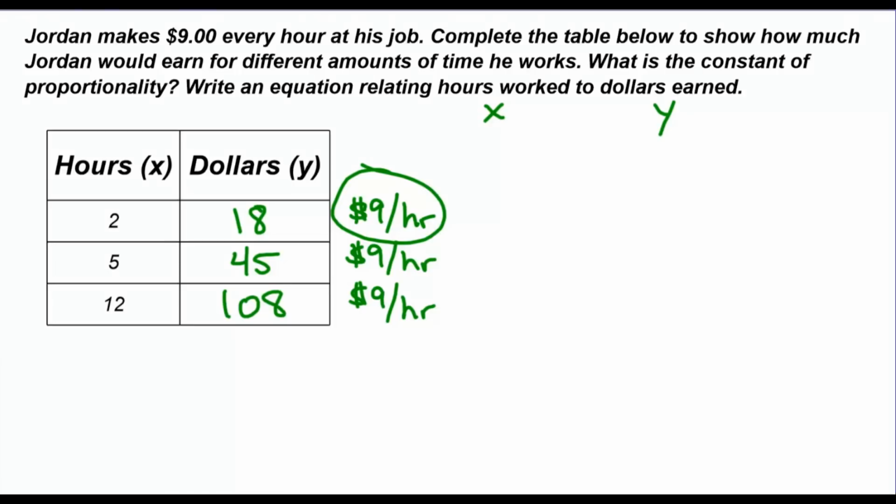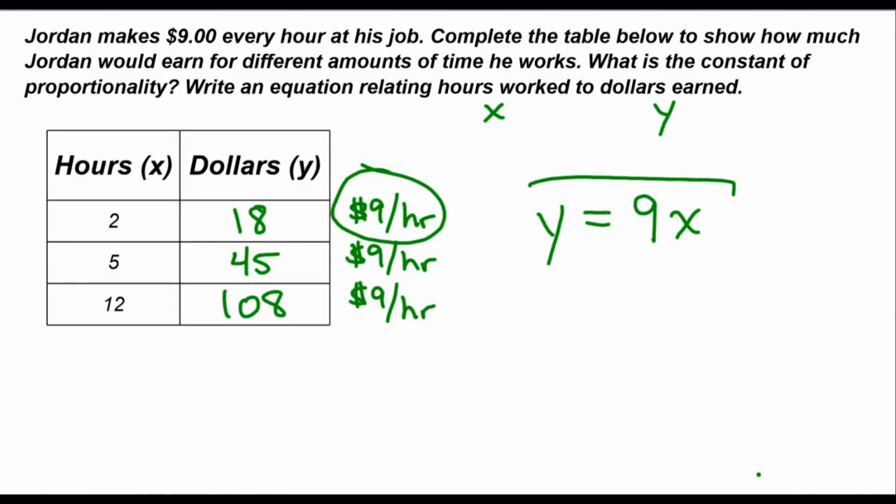Now, how can we write an equation to show how many dollars Jordan earns for any number of hours? Well, the dollars earned, y, is equal to that constant rate of change, that constant of proportionality, or the unit rate, times the x value. 9 times x is always going to tell me how many dollars he makes.